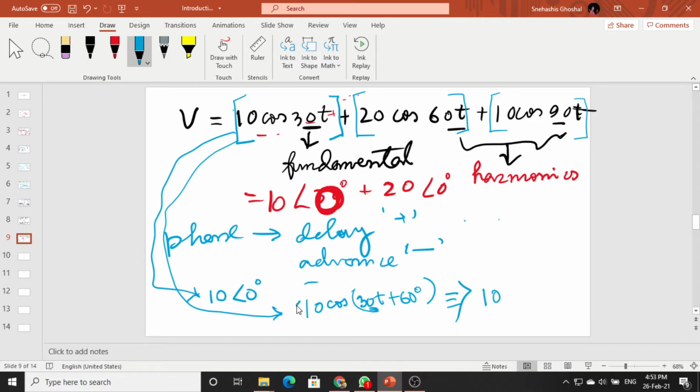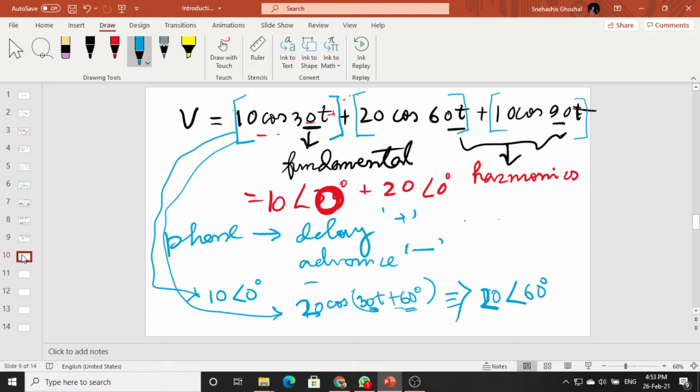Suppose it is 20 cos, now I can write it as 20 angle 60 degrees, because omega is fixed at 30. That is the thing I want to mention to you. So you can consider the problems and verify all the things from there.